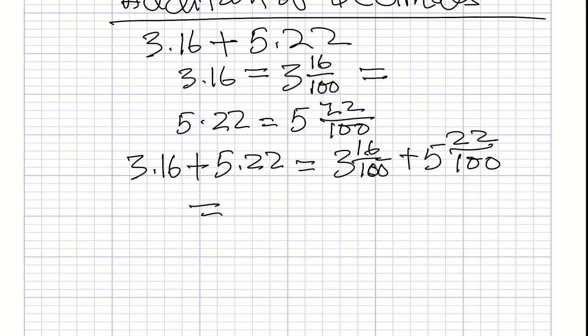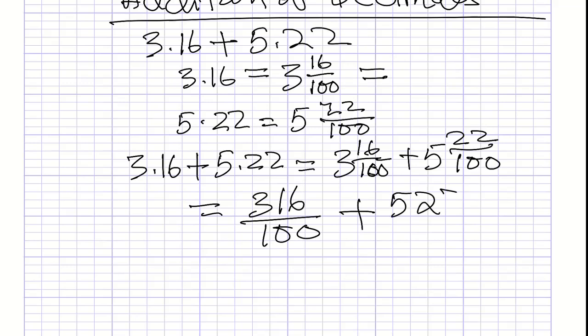You say 100 times 3 is 300 plus 16, 316, so you write 316 over 100 plus, with the same denominators all over the place, 100 times 5 is 500 plus 22 is 522, over 100.